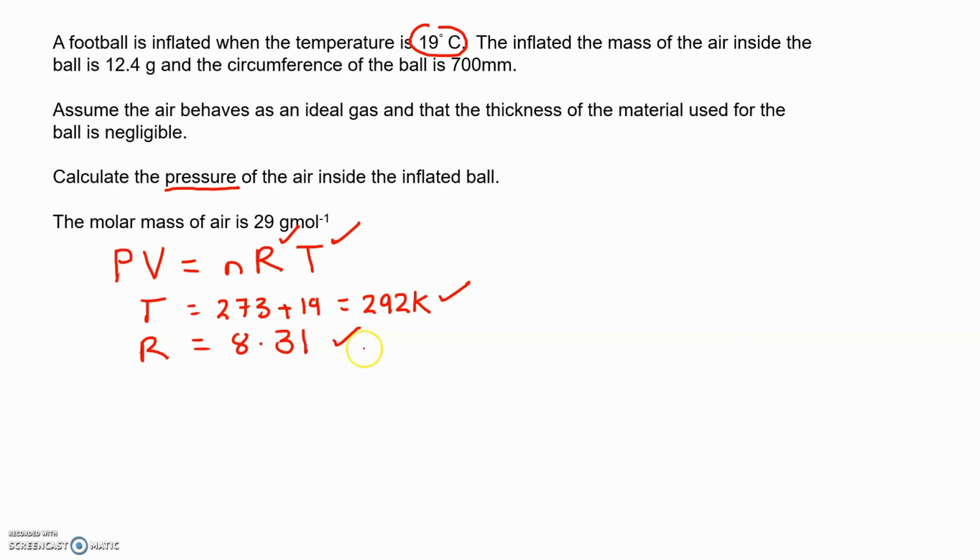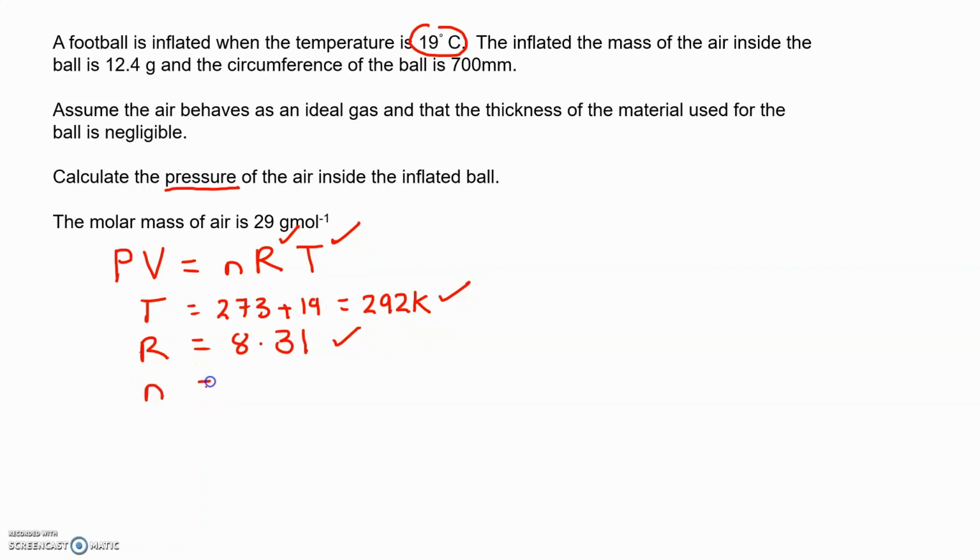And n is the number of moles. We're told that the mass of air inside the ball is 12.4 grams, and that the mass of 1 mole of air is 29 grams per mole. So how many moles have we got?